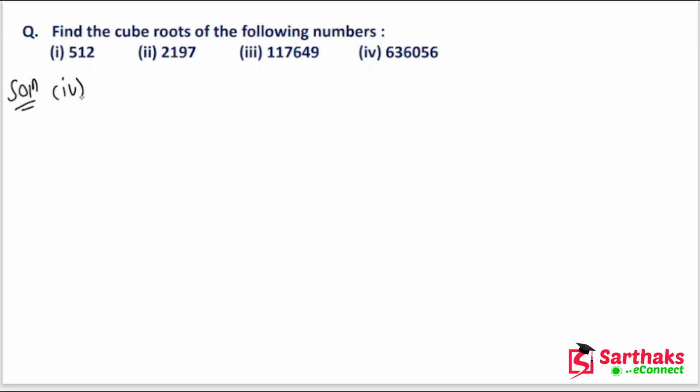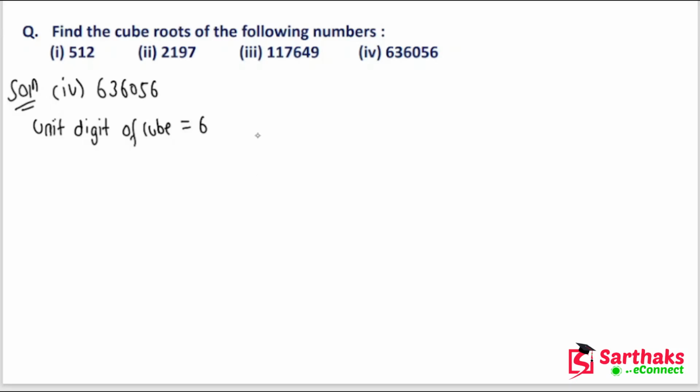Let us calculate the cube root of this number, 636056. For finding that, first of all we'll see the unit digit. The unit digit of the cube is equal to 6.